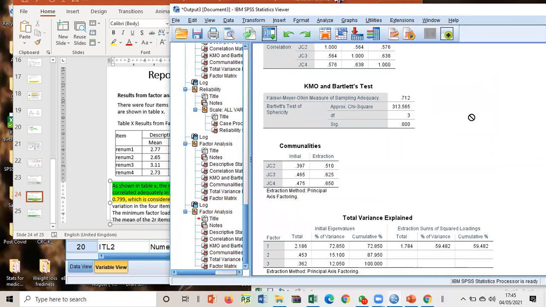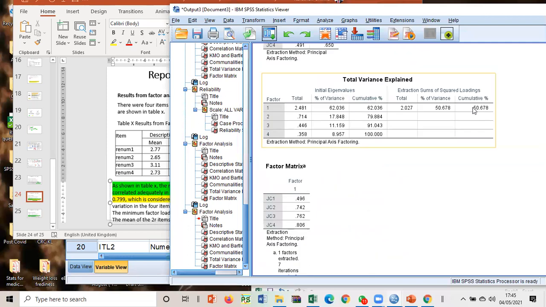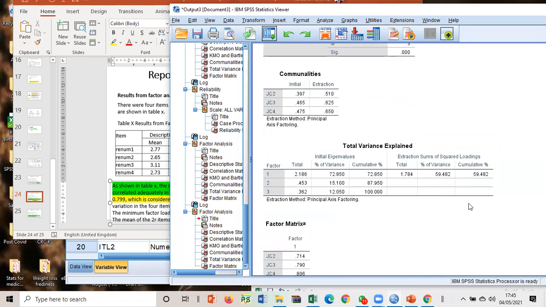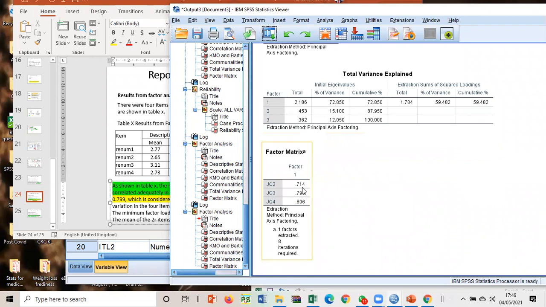Yes. It's not 50%. It was 50% with item 1, and the loading is a bit low. So when I drop that, 3 items, 1 factor. So this is much better. And all the factor loadings are more than 0.7.